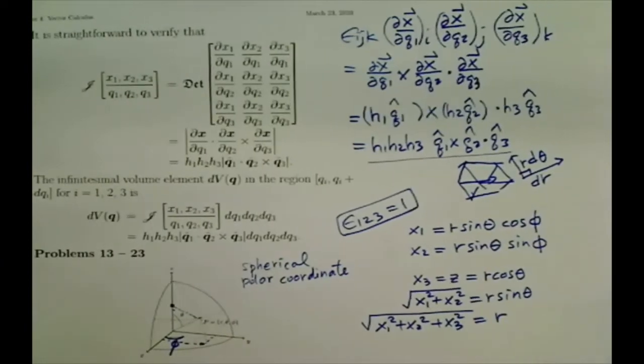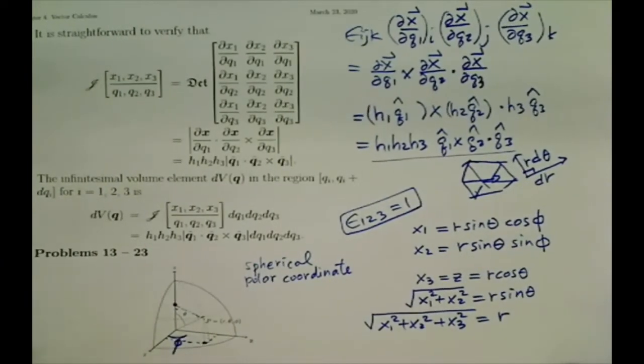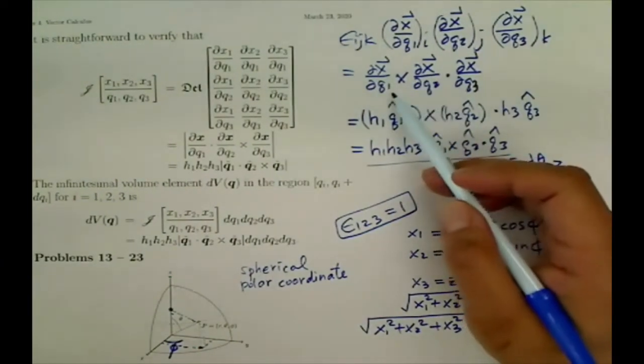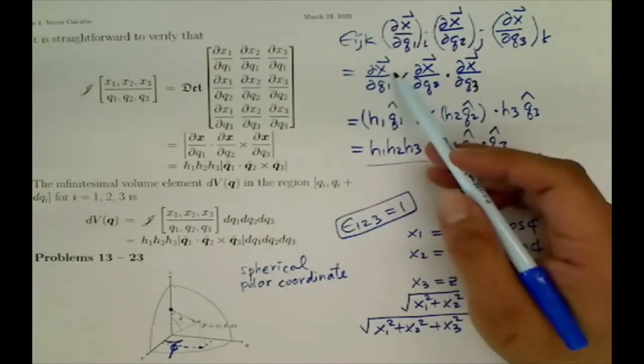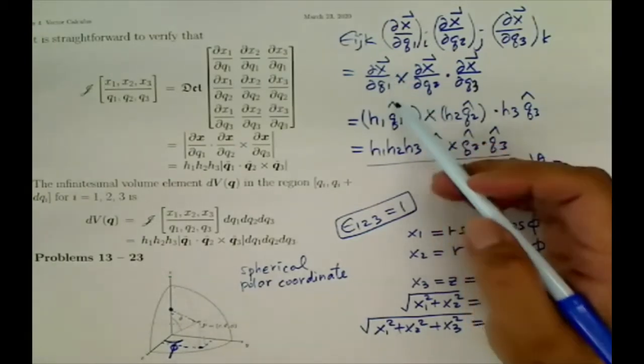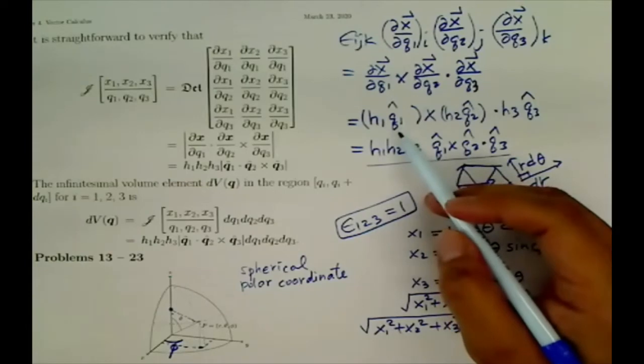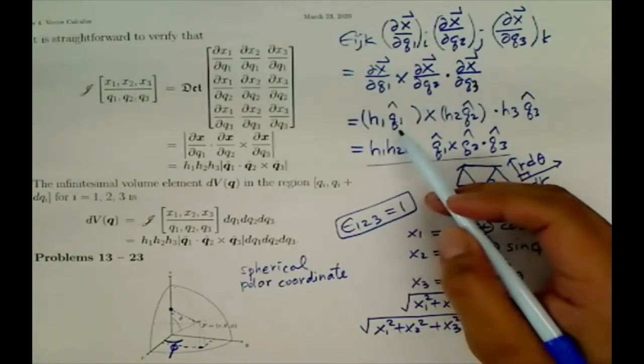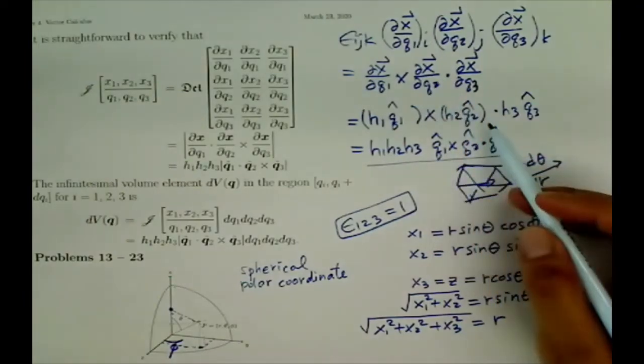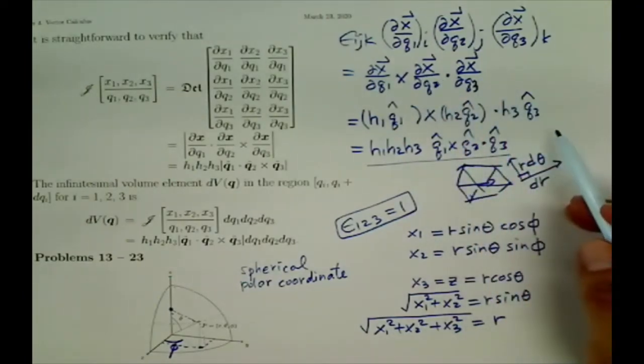As we have already obtained, this derivative is just along the direction of the q1 axis. This derivative is along the q2 axis, and this is along the q3 axis.